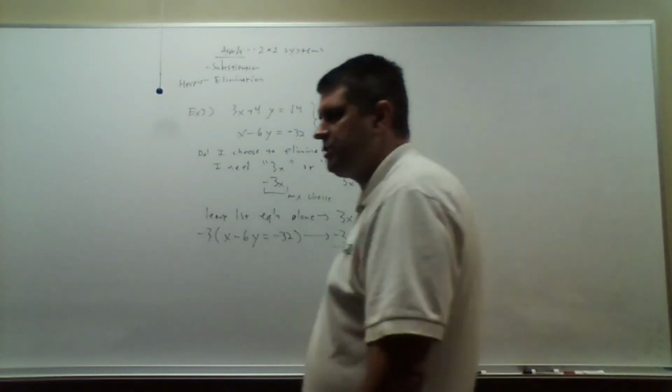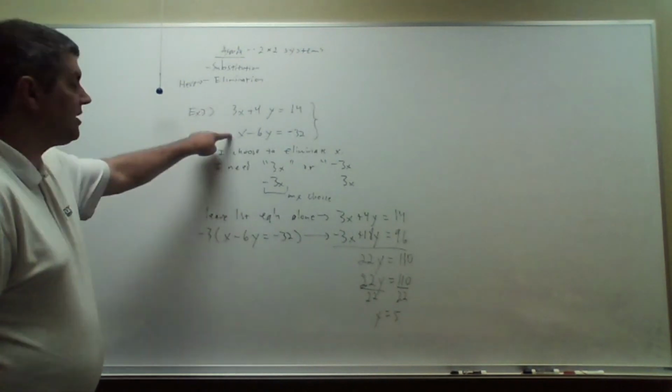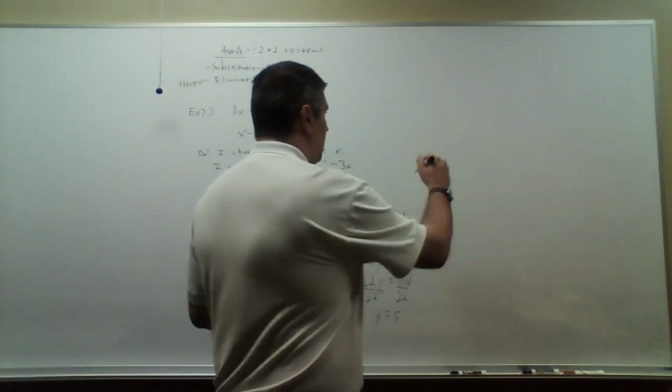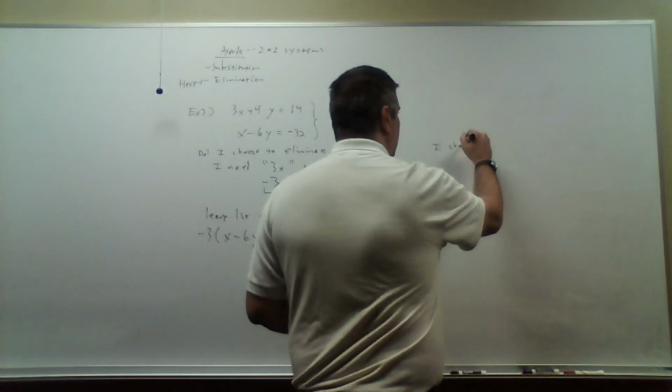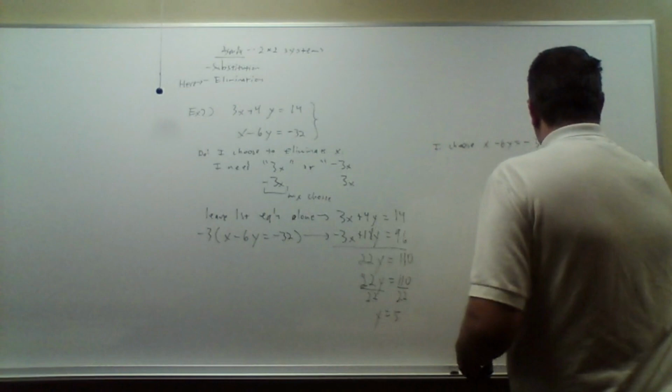So I don't really care which equation I use. I suppose I'd actually plug it into this one because the x coefficient is 1. I choose x minus 6y equals negative 32.